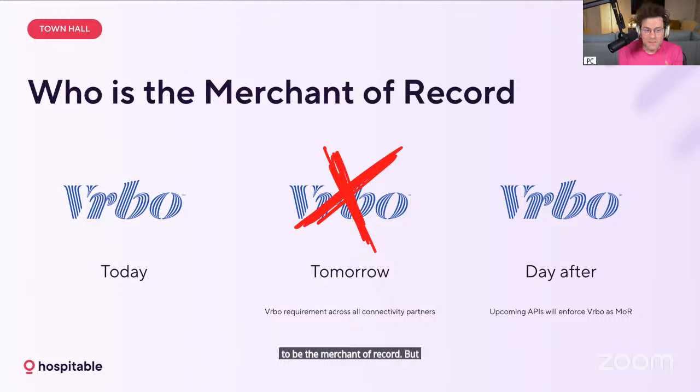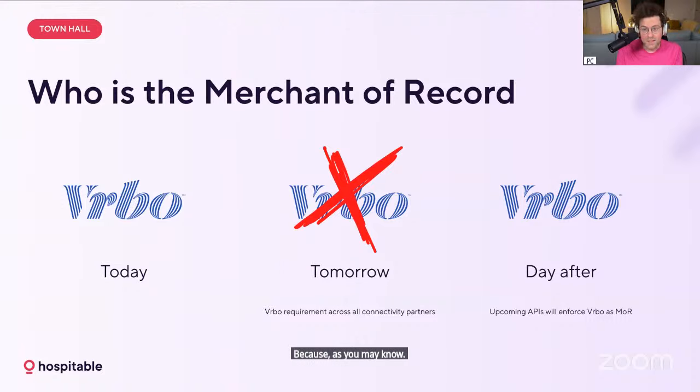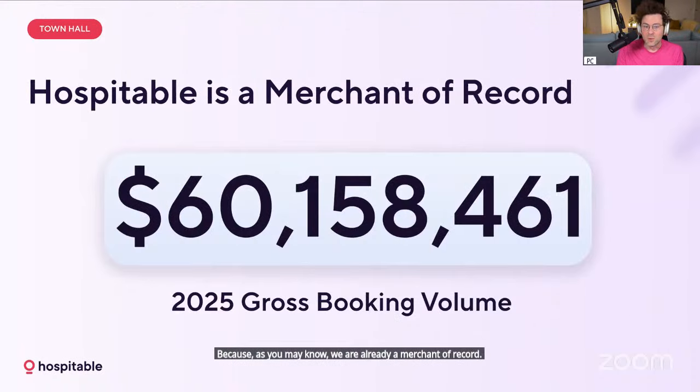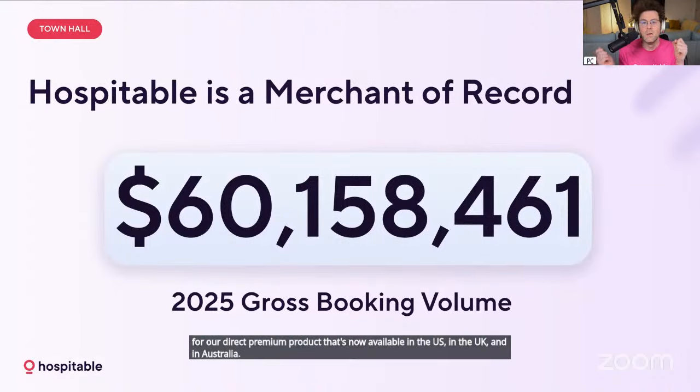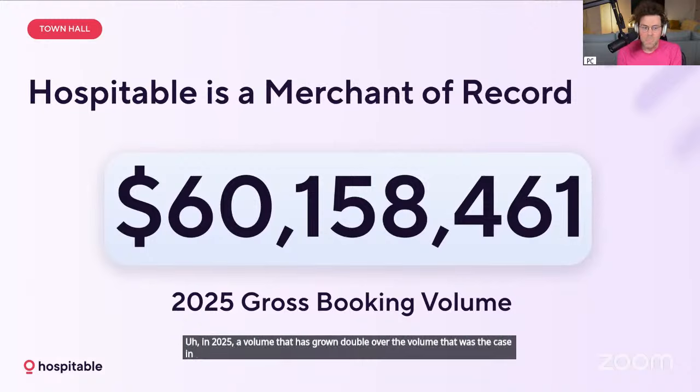But we believe at Hospitable that we can really help our customers navigate this change because, as you may know, we are already a merchant of record. We have been sharing that regularly, but Hospitable is actually a merchant of record for our direct premium product that's now available in the US, in the UK, and in Australia. And that has processed $60 million of guest payments in 2025, a volume that has grown double over the volume in 2024.